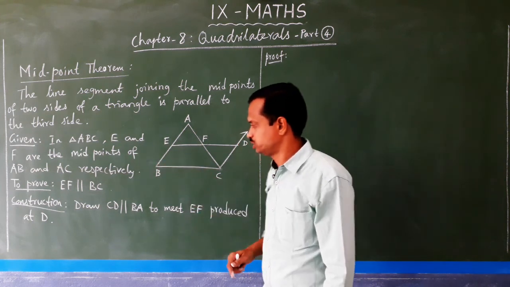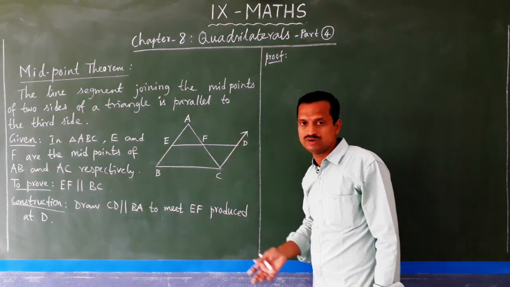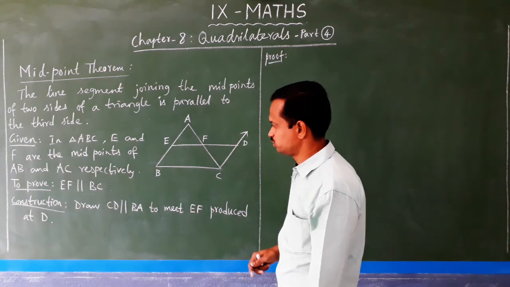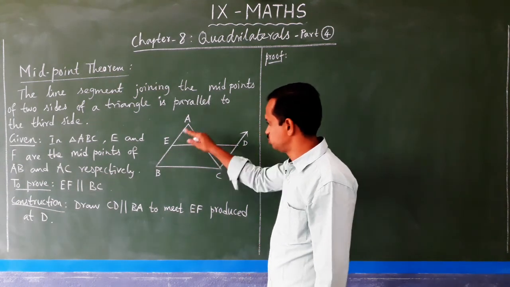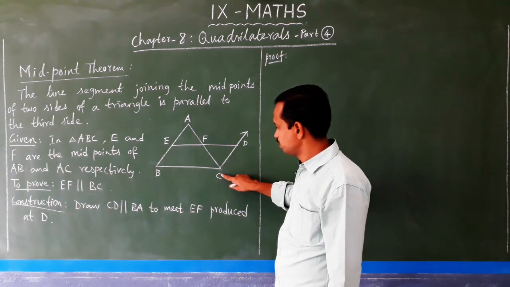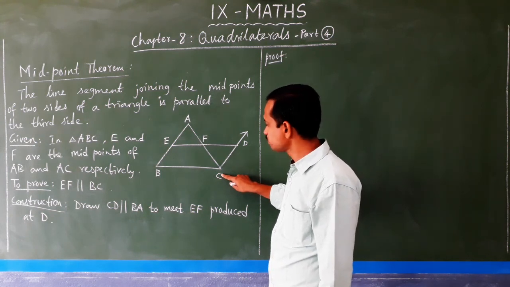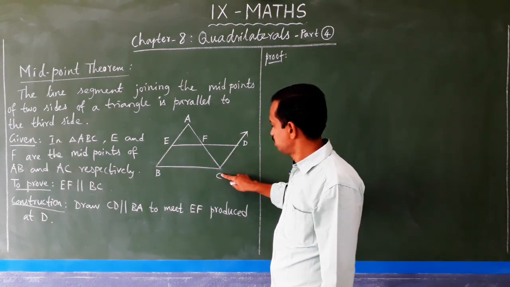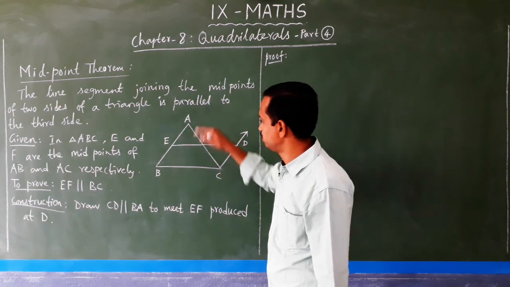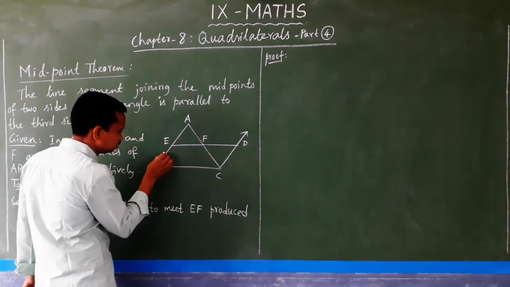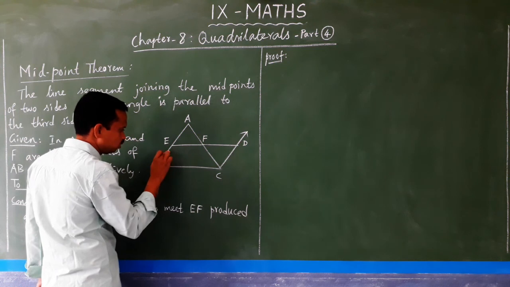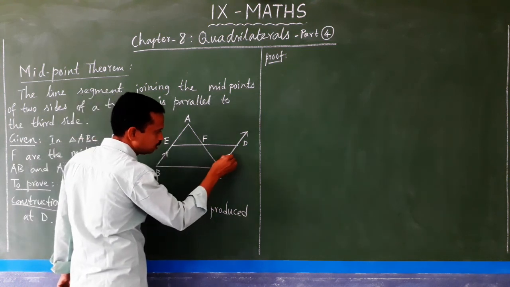So the construction. How to prove it? First of all, ABC is a triangle. From C, you have to draw a line which is parallel to BA. The arrow mark represents a parallel line.